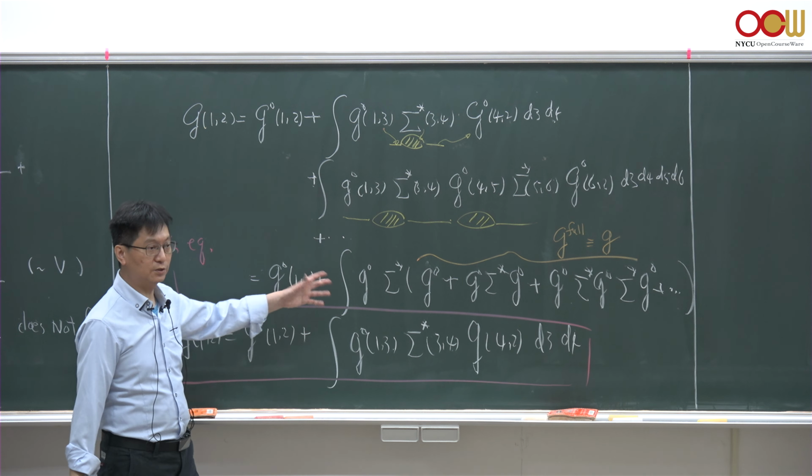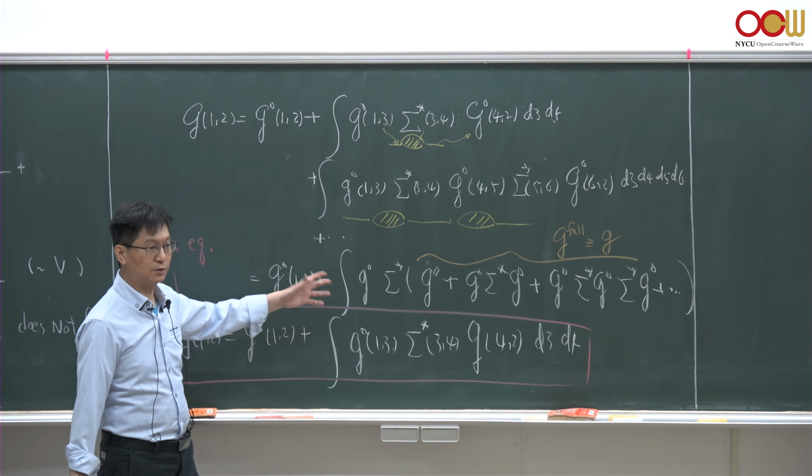So let's just take the Fourier transform, and we could formally derive this full Green's function based on this Dyson equation. So G in k, omega n space is given by G0 k, omega n plus G0 k, omega n times sigma star k, omega n times G k, omega n.